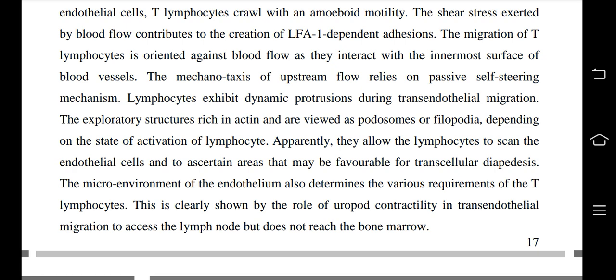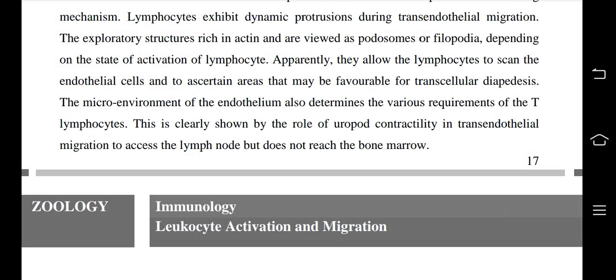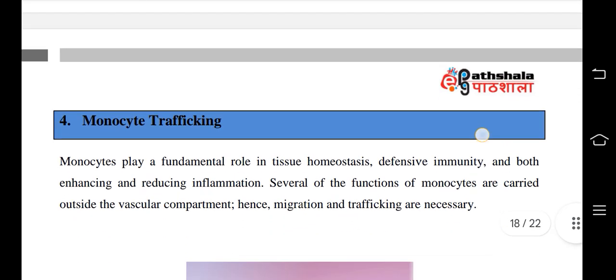Apparently, they allow the lymphocytes to scan the endothelial cells and to ascertain areas that may be favorable for transcellular diapedesis. The microenvironment of the endothelium also determines the various requirements of the T lymphocytes. This is clearly shown by the role of uropod contractility in transendothelial migration to access the lymph nodes but not the bone marrow.